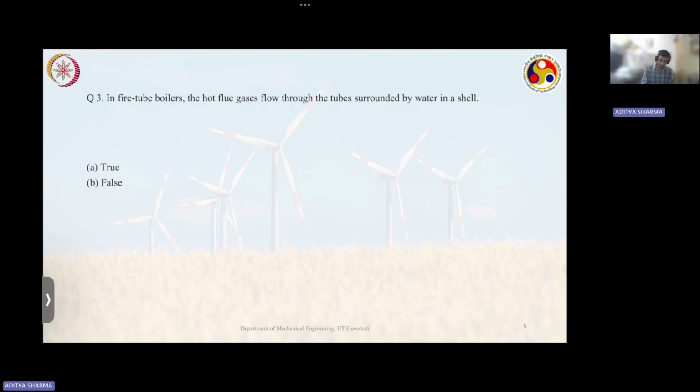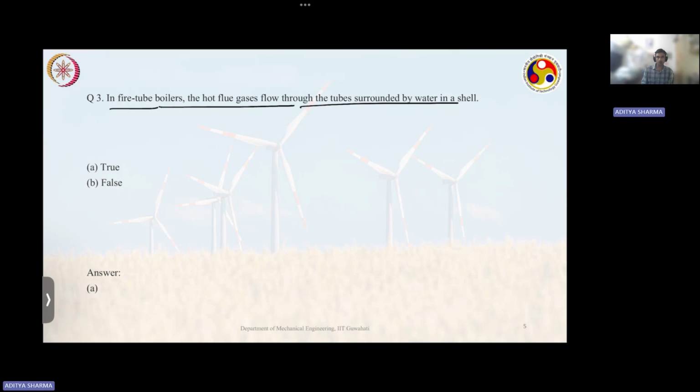I believe this is a correct statement, because in fire tube boilers, your flue gas passes through your tubes and then you have water in a shell.